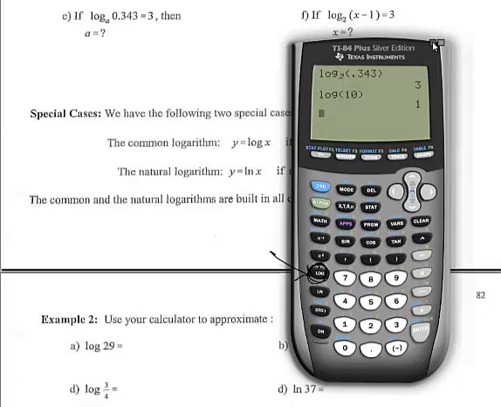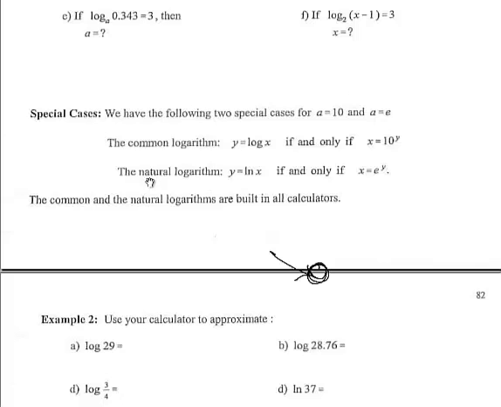Okay, so common log, base 10. And then we have the natural logarithm, ln, for n for natural. It is the equivalent of writing log with a base of e. Alright, but you'll probably never see it written that way.